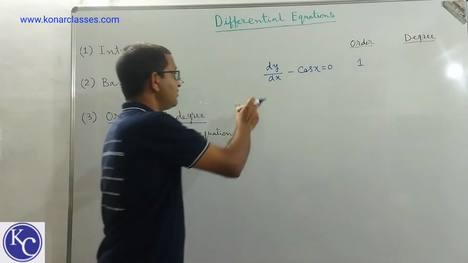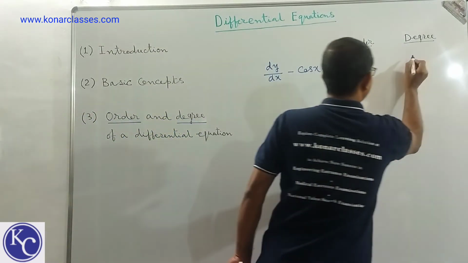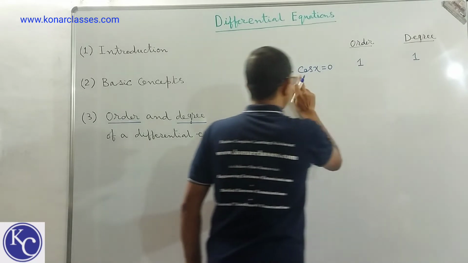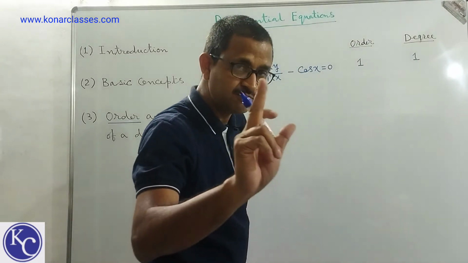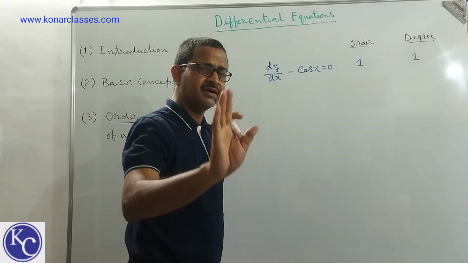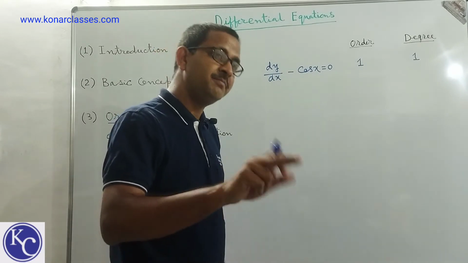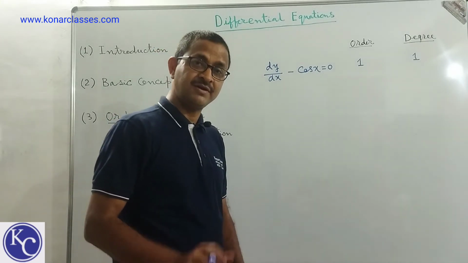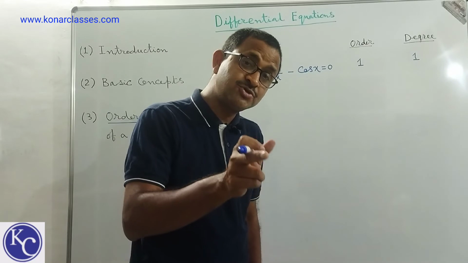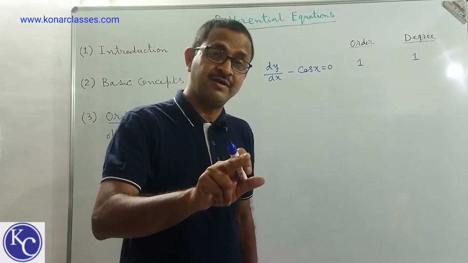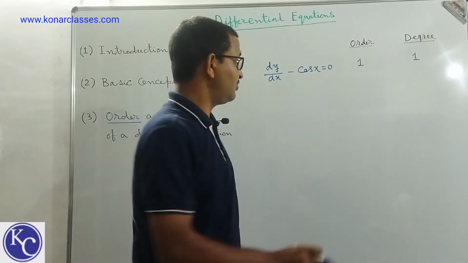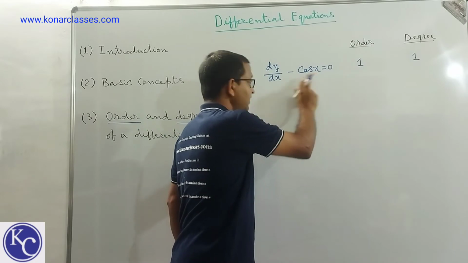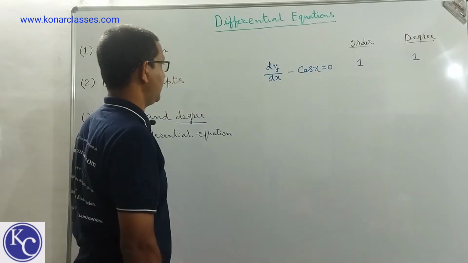Degree is also 1, because the power of dy/dx is 1. One thing you can notice is that cos x is not a polynomial expression, but we are not bothered about this. As I said a few times earlier, the differential equation should be expressed as a polynomial in the derivatives, not in the variables. So that is why it has degree 1.